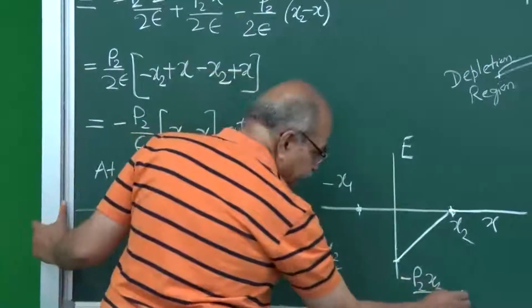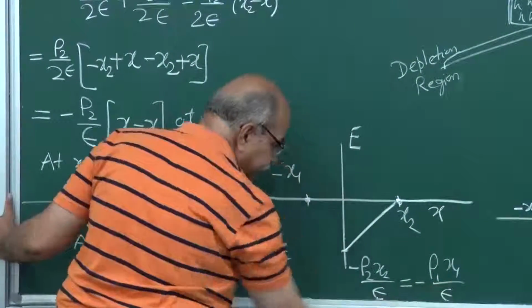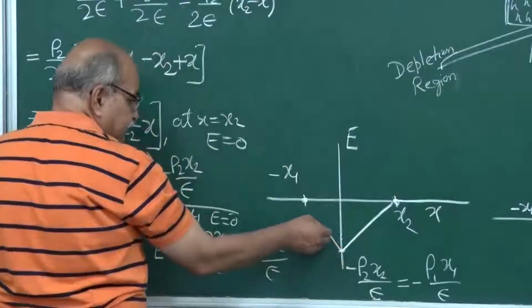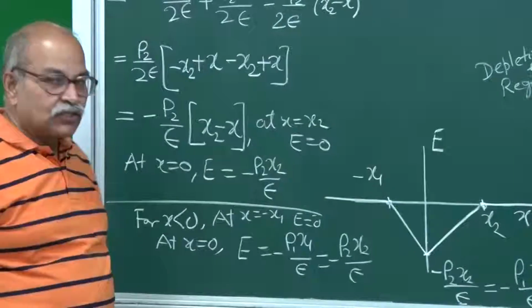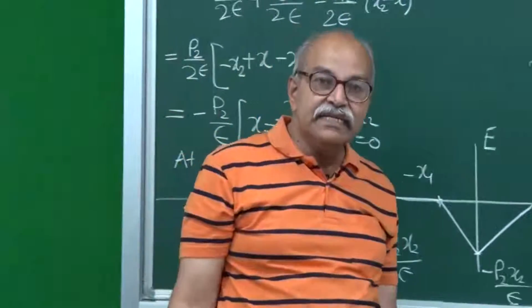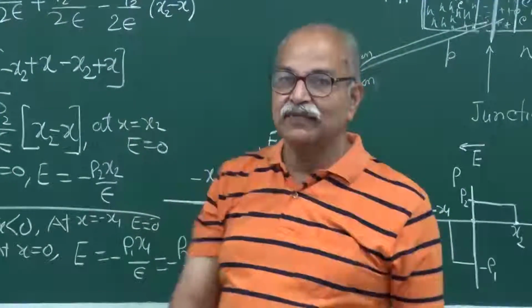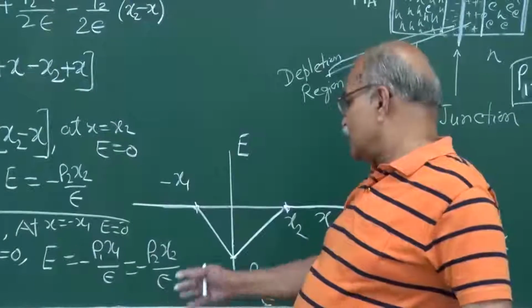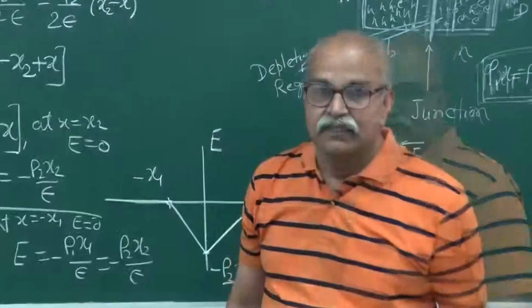So it's the same, and therefore the electric field will be like this. So this is how the electric field will appear. It will be linear in the two regions. Depending on the dopant density, you will have a certain slope of this E versus x line here and here.